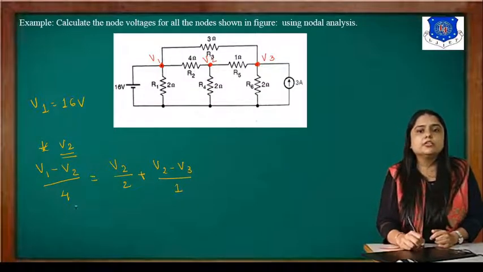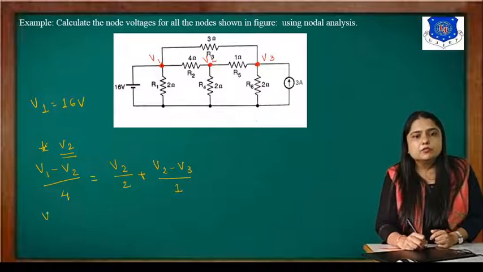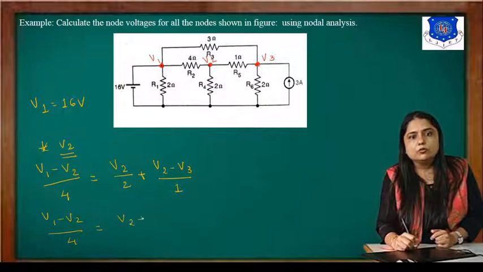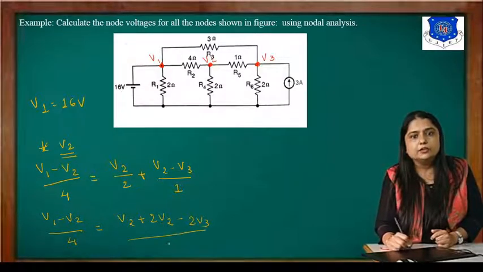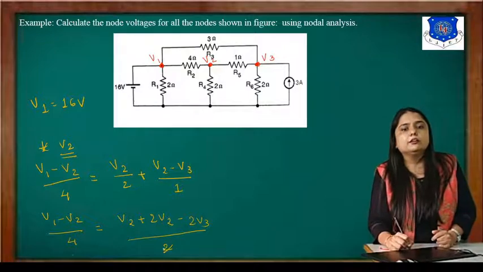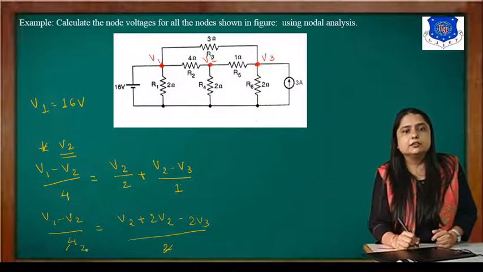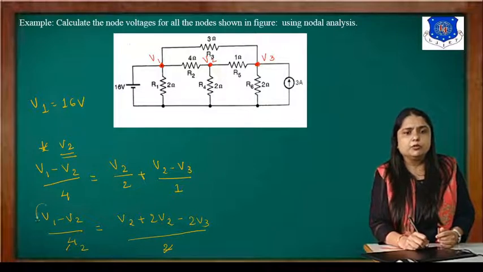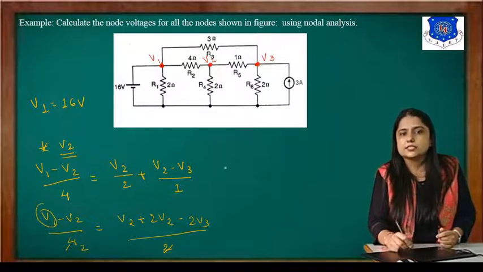Now just take the LCM. So (V1 minus V2) by 4 equals (V2 plus 2V2 minus 2V3) divided by 2. Here the 2 and 2 cancel. And we know that V1 equals 16, so you can put in the value of V1, that is 16.